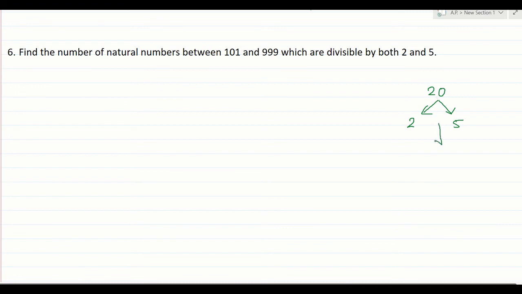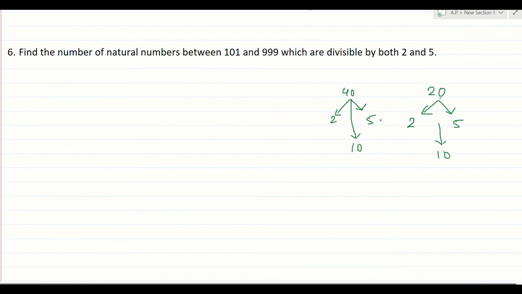Isn't 20 divisible by 10 as well? Of course, 20 is divisible by 10 as well. Let's take one more example, 40. Is 40 divisible by 2? Yes. Is 40 divisible by 5? Yes. Is 40 divisible by 10? Yes, of course, 40 is divisible by 10 as well.